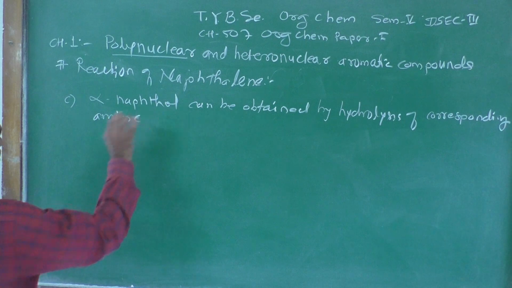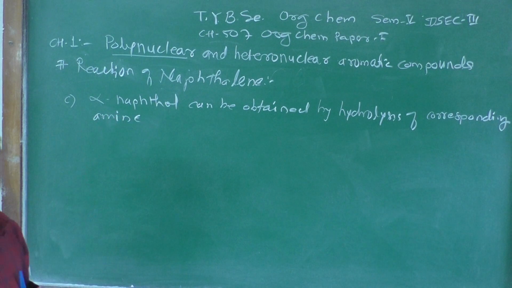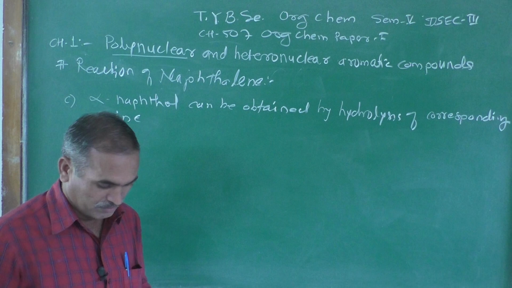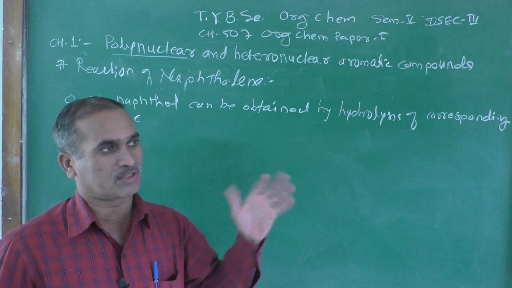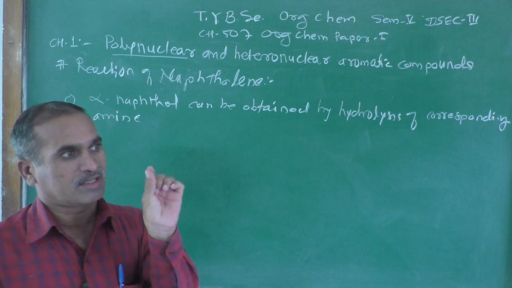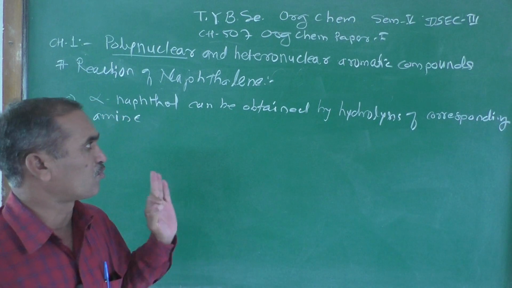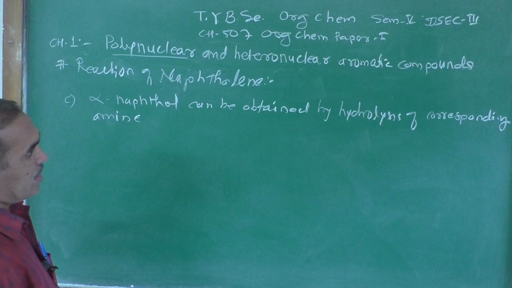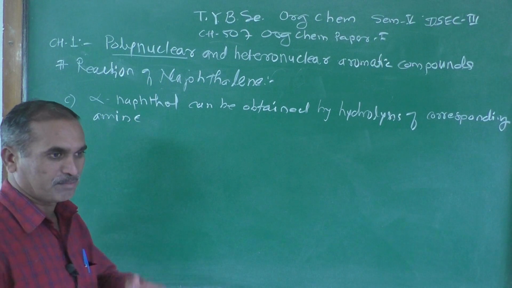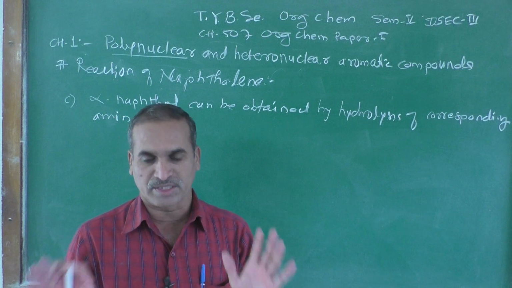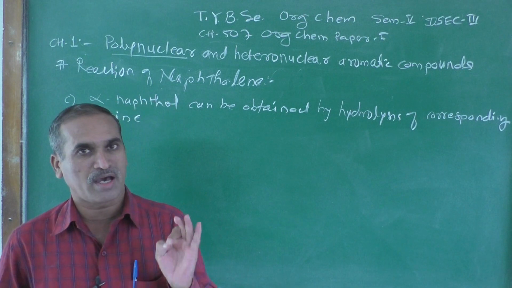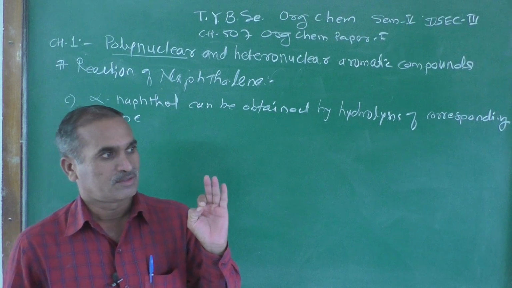As we know, the general formula of an amine is RNH2, where R may be an alkyl group or an aryl group, and NH2 is the functional group of amines. All amines are basic in nature; generally, organic compounds containing a nitrogen atom are basic.